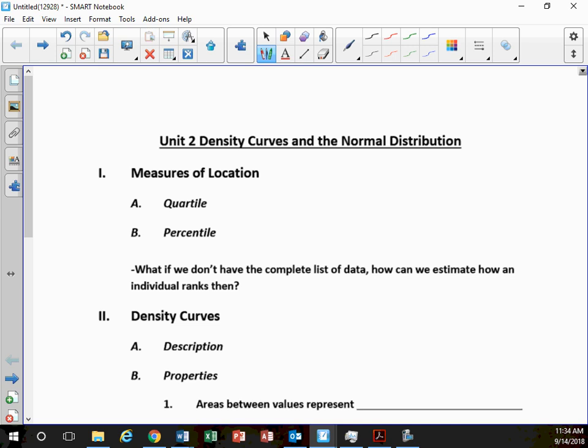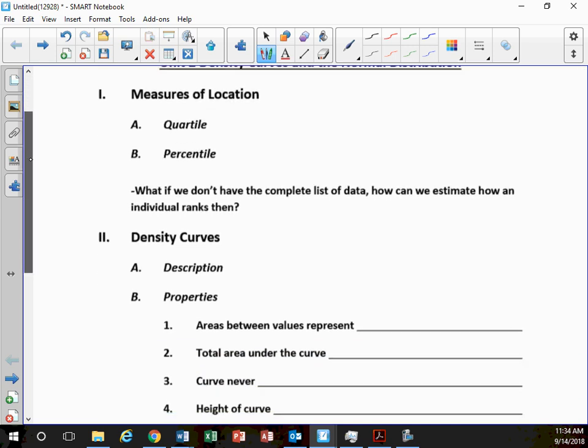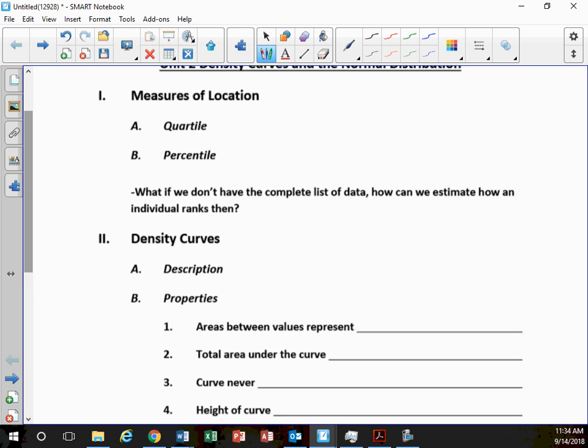So first, we're looking at measures of location. If I talk about a quartile, you're just thinking about your box plot. Like, where is Q1?